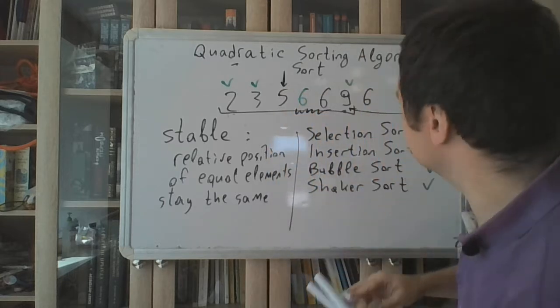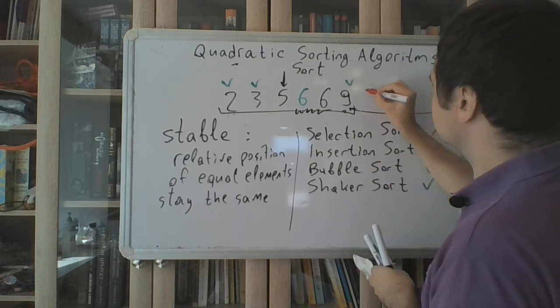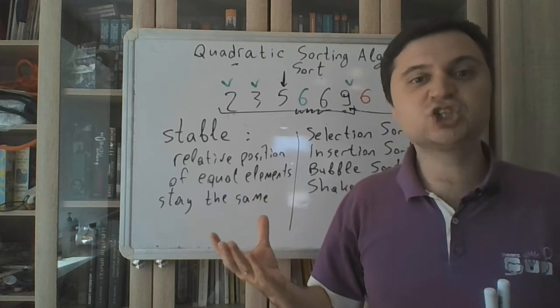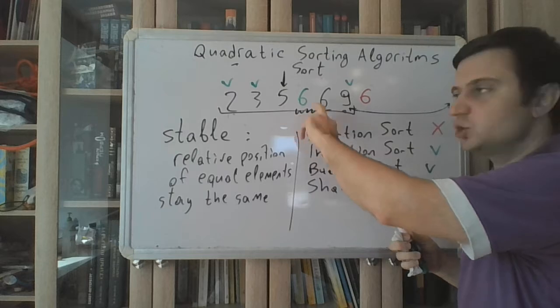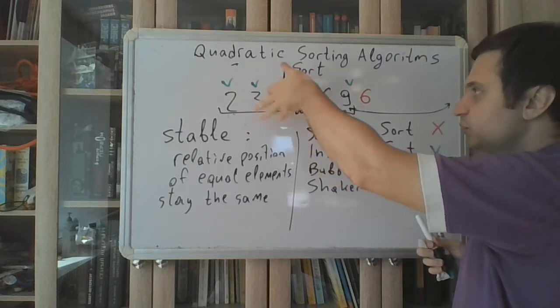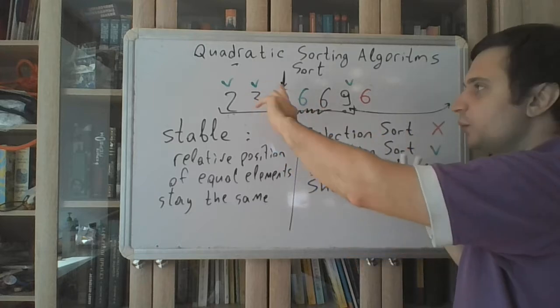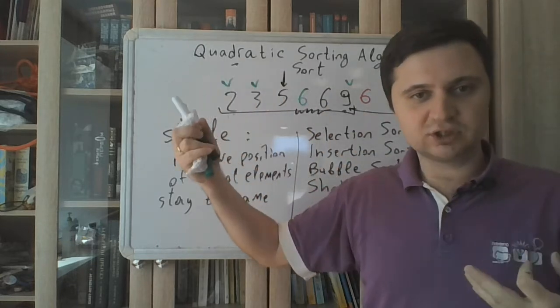Let me make the 6 red, in fact. The order of the 6s in any algorithm of such a family will be preserved, because we just never swap 6s. We can swap some different elements, but any swapping of different elements doesn't change the relative order of 6s.